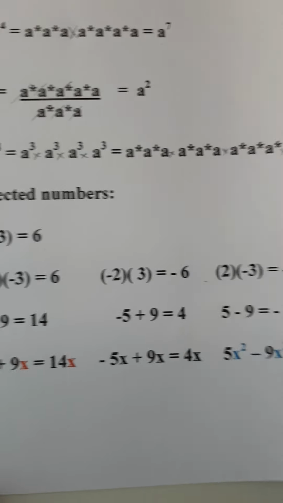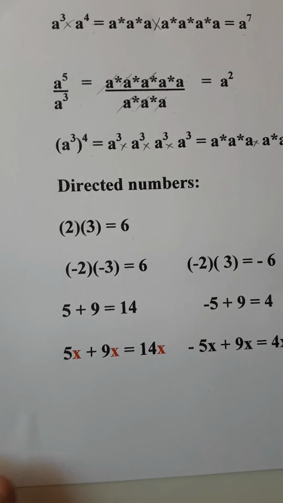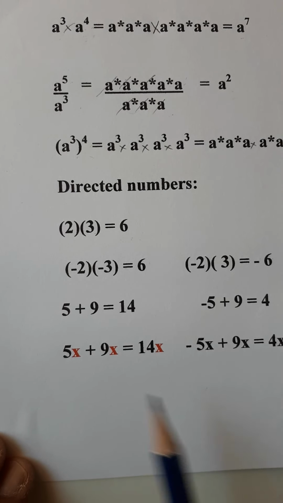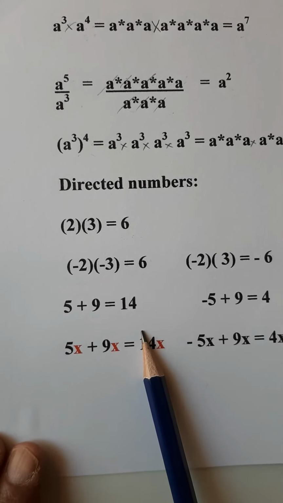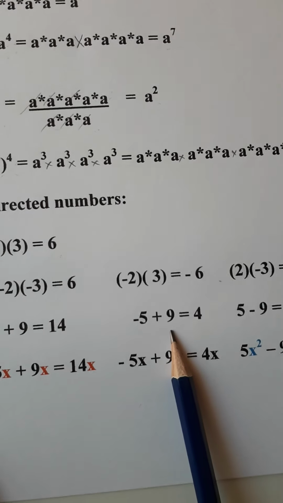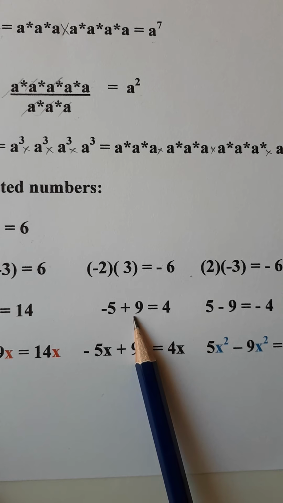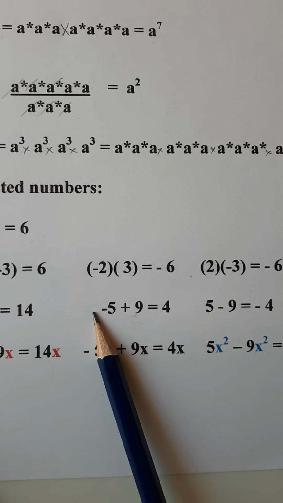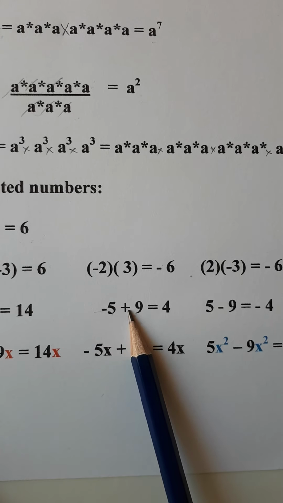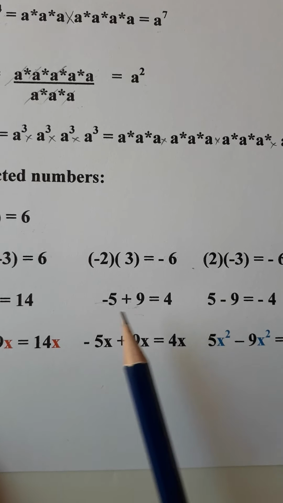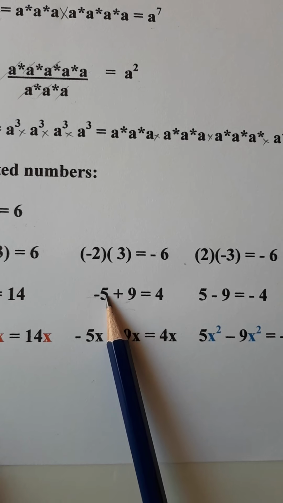Now we are going to see the addition. We know that 5 plus 9 is 14. Take a look at this one: minus 5 plus 9. Always the sign of a number is the sign in front of that number, not the sign after that. I know that some people have a confusion.